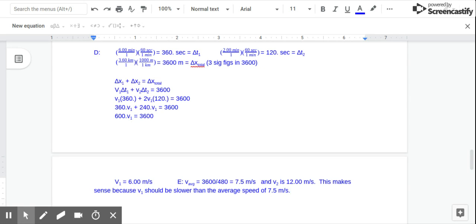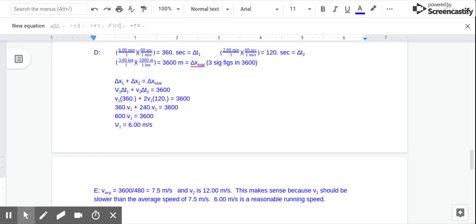Also, 6.00 meters per second is a reasonable running speed. Some of you in your answers wrote something like 0.45, which isn't in meters per second, and is really slow.